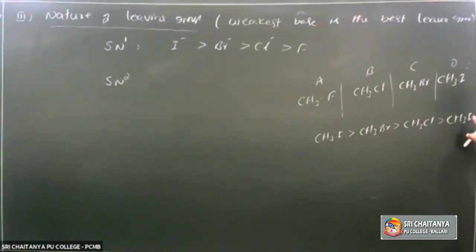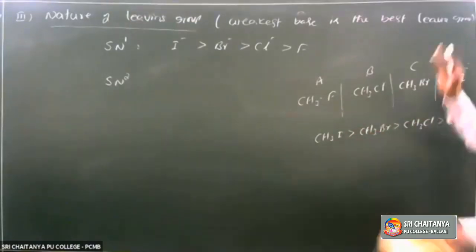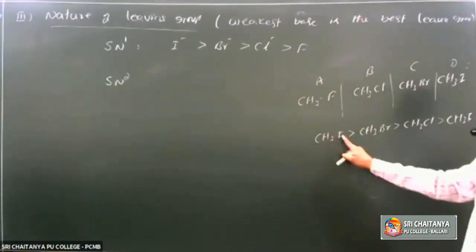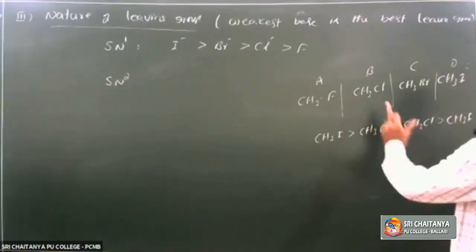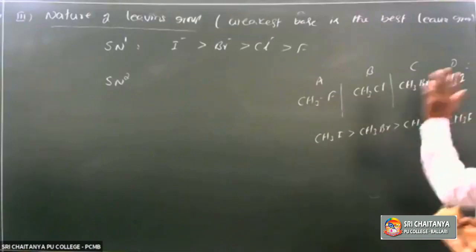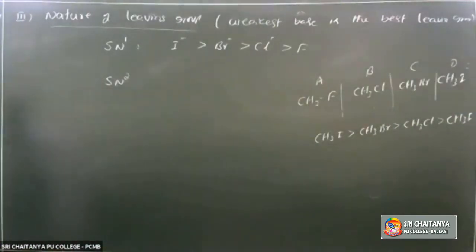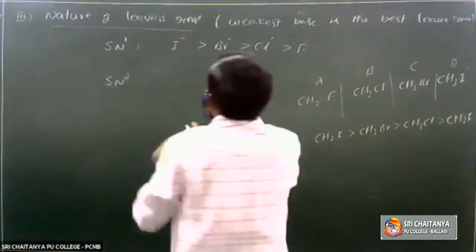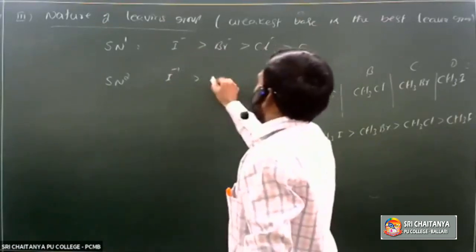From fluoride to chloride, chloride to bromide, bromide to iodide, size increases. As the size increases, bond length increases and bond energy decreases. So among iodide, bromide, chloride, and fluoride, iodide is the best leaving group, whether it is SN1 or SN2 mechanism.